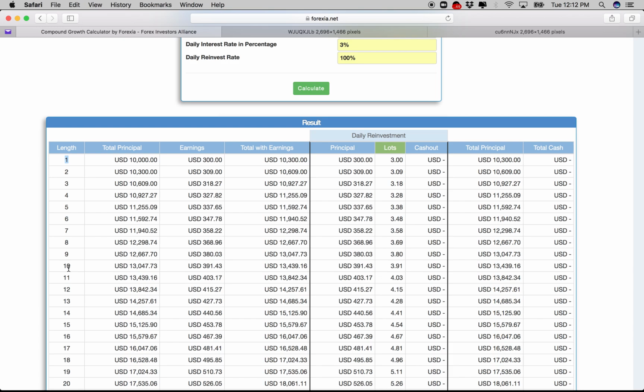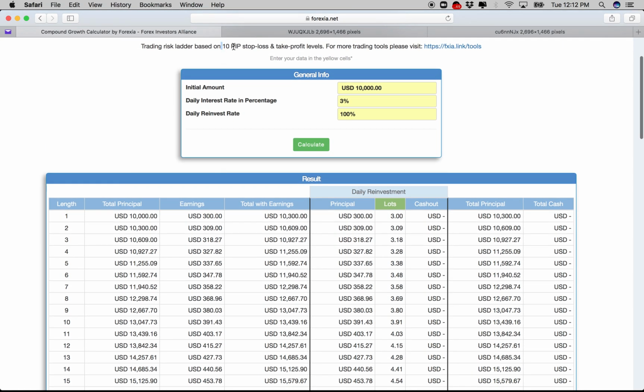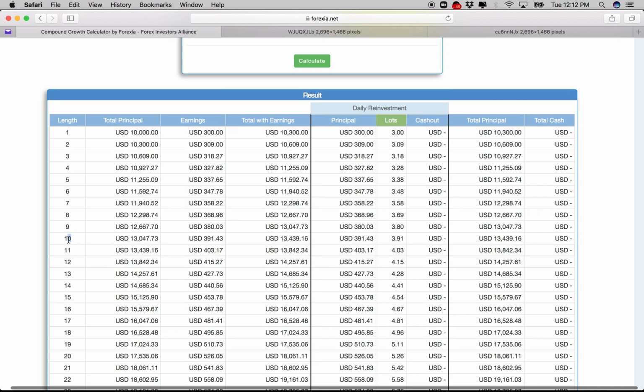What happens though if we lose a trade? If we lose a trade and we're still only risking a 10 pip stop loss, we just move from 10 to 9. Here is our loss. Here is what we were risking with the 10 pip stop loss. We would lose this amount and we would just drop one level.